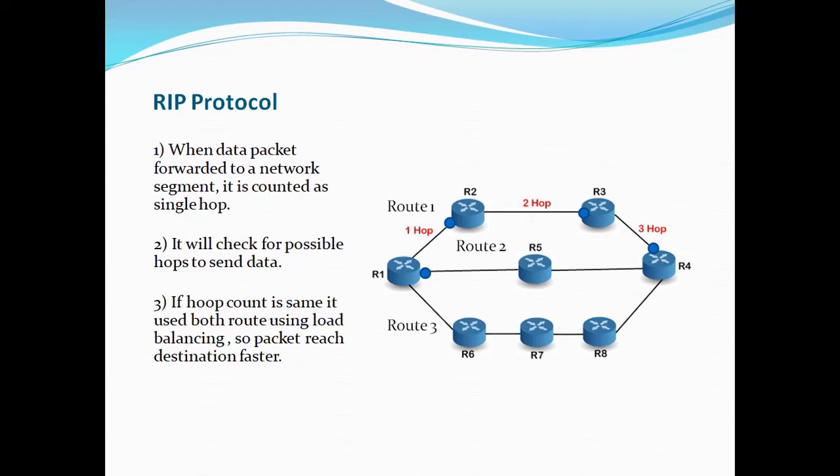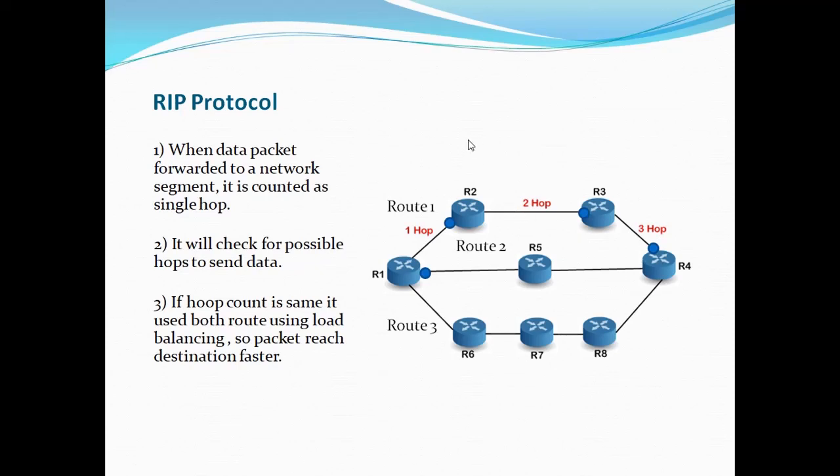If it selects route 1, then it has to go through 3 hops. If it chooses route 3, it has to go through 4 hops. You can see here first hop, second hop, third hop and fourth hop. If it chooses route 2, then it has to go through 2 hops. First hop and then second hop. Only 2 hops.